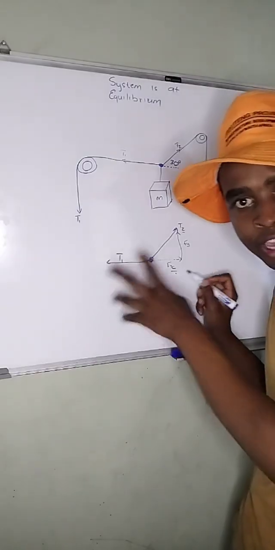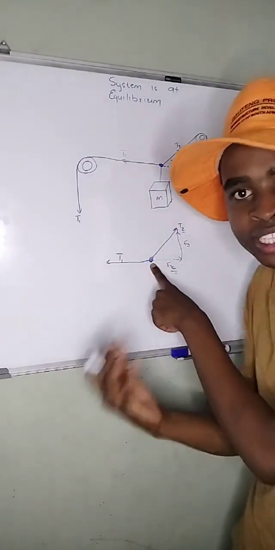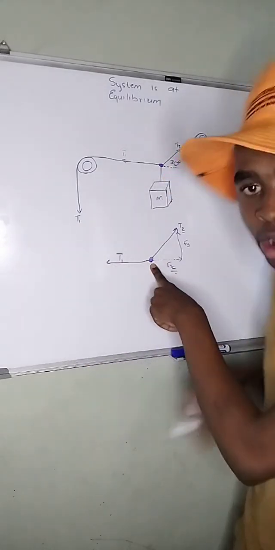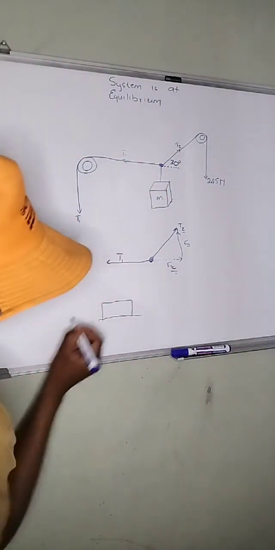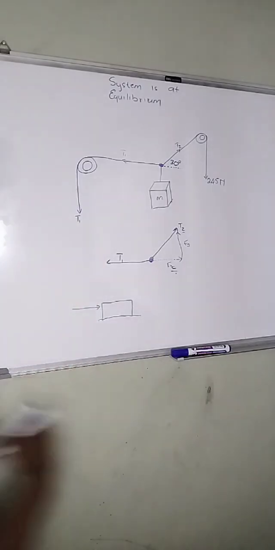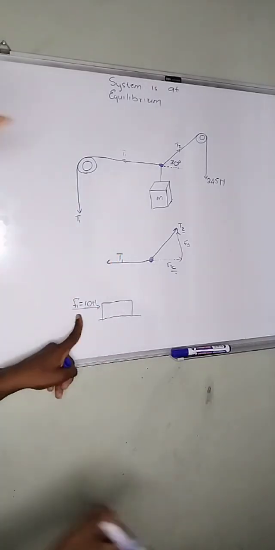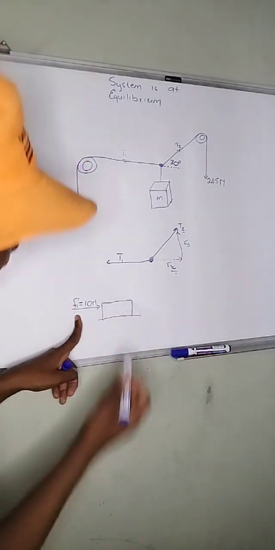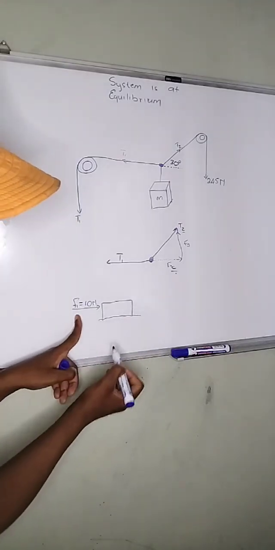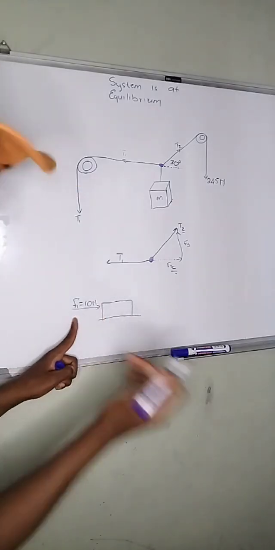T1 and Fx have to be equal, because remember, this point does not move. It does not go to the left or to the right. It's like having a situation like this. If I push this box with F1 of 10 newtons, and Thabiso comes, how much force does he have to apply so that this box doesn't move?